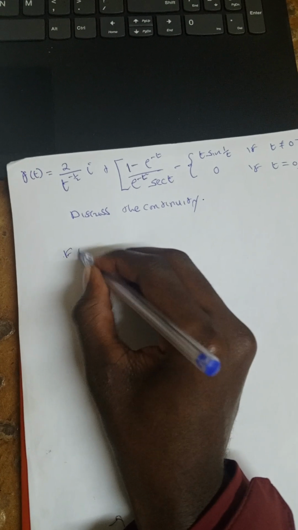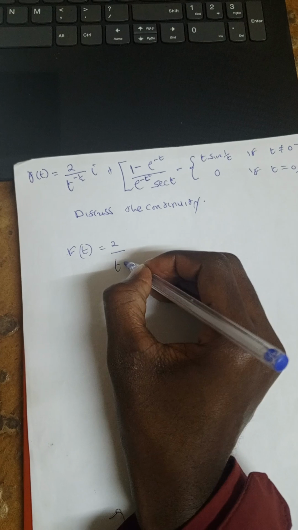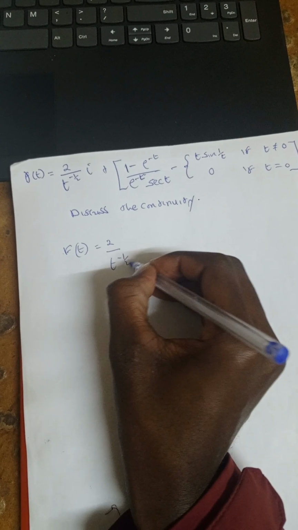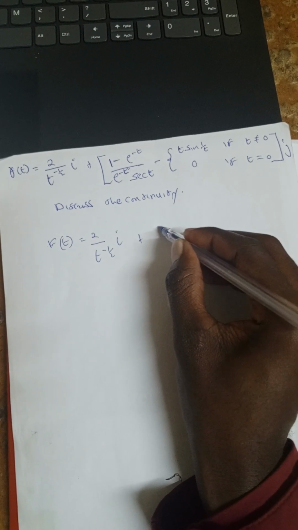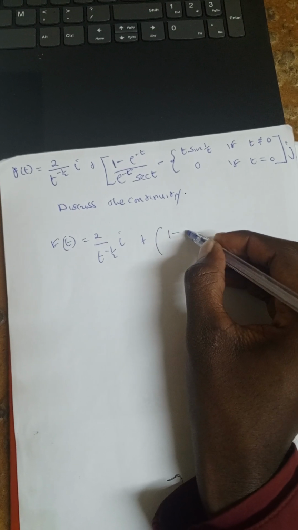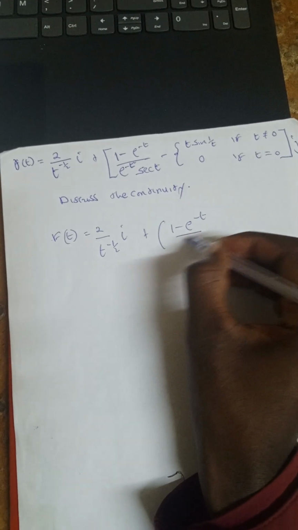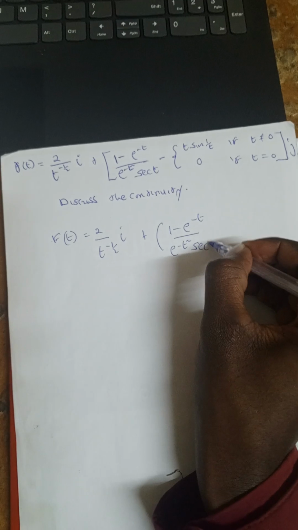So f(t) is equal to 2 over t to the power negative half i plus (1 minus e^(-t) over e^(-t²) sec t).